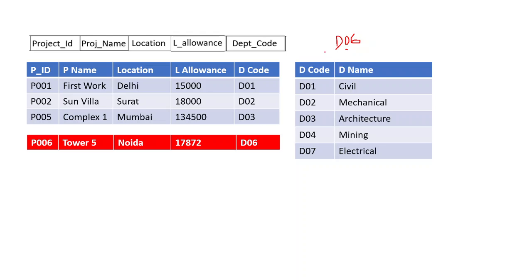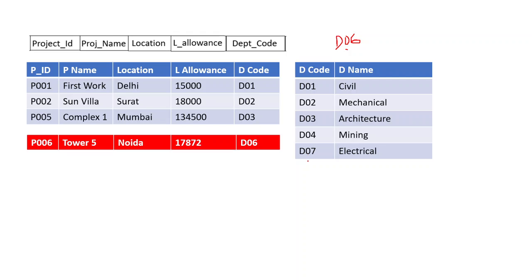So now D06 does not officially exist in this particular database table. Now, another entry operator who is not aware of the fact tries to enter the details of a project which is controlled by this D06 department. So he or she will not be able to make any entry to this table since D06 does not occur in this table.